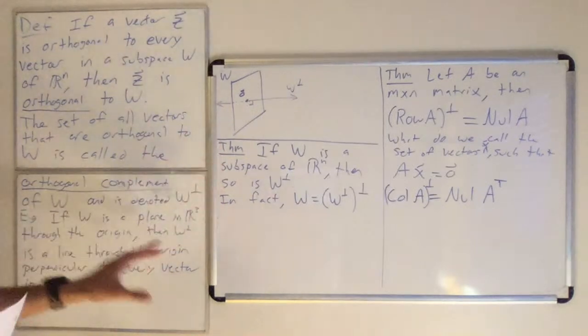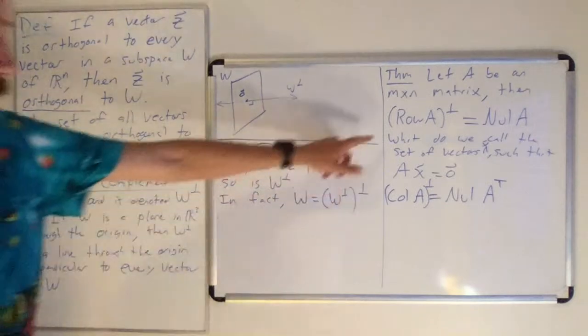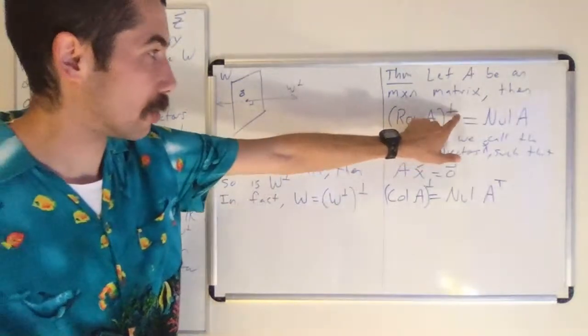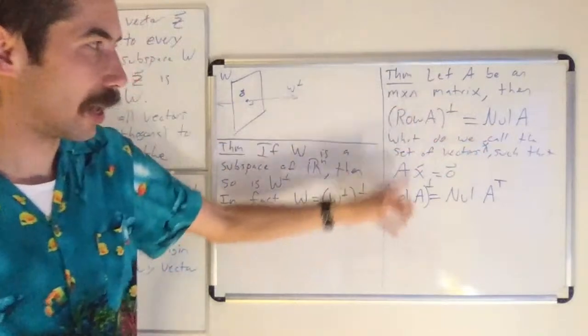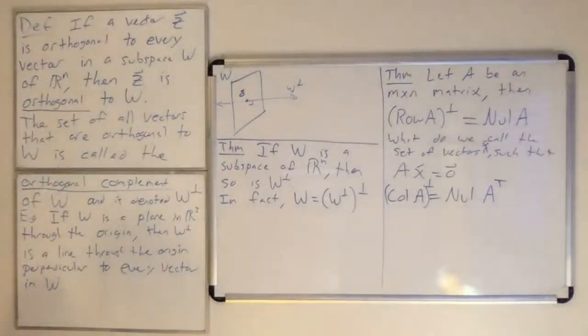We have seen orthogonal complements throughout the semester, we just didn't call them that. The row space of A is the orthogonal complement of null A, and switching A with A transpose gives us this next result.